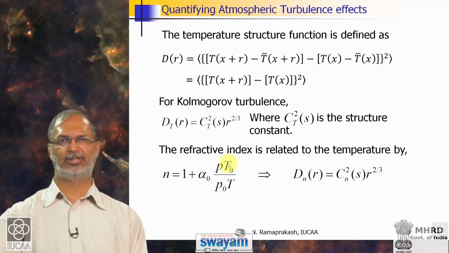Now, you can connect this temperature variation to variations of the refractive index at any temperature, which is given with respect to that at a standard temperature by this expression, and when you plug that expression back in here, you can see that the refractive index structure function scales like the refractive structure constant times r raised to 2/3.